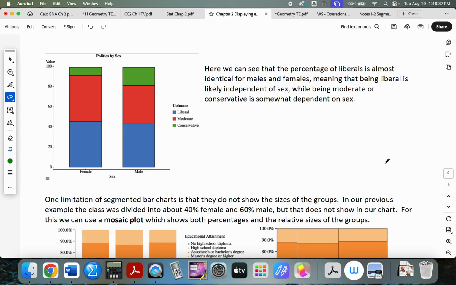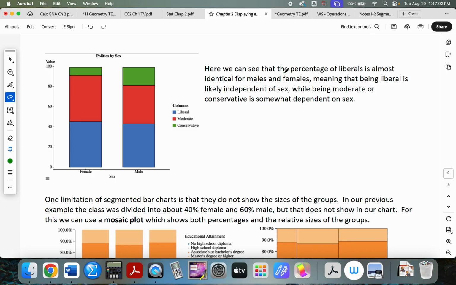Wow, okay. All right, so here we can see that the percentage of liberals is almost identical both for females and males, meaning that being liberal is likely independent of sex. So that's an important idea.